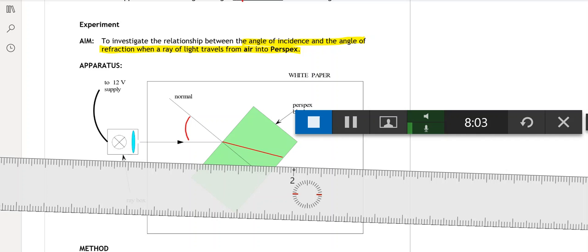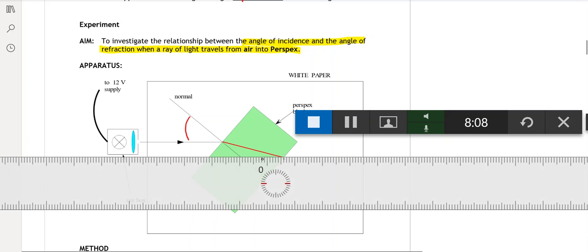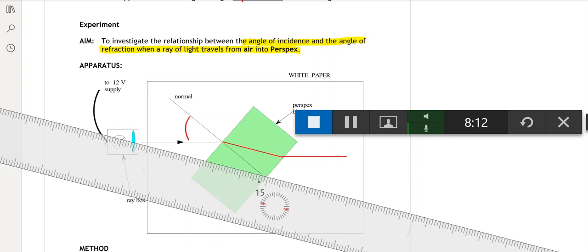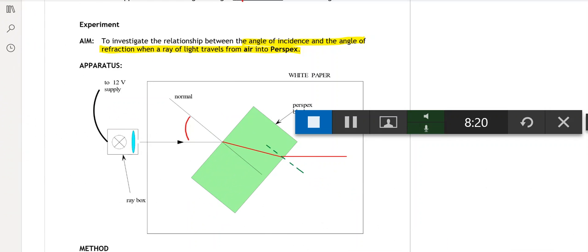We wanted to use a red line for this one, because this is our light as it leaves the block. And use our green pen to draw the normal. So the normal is this one here, which we're looking for. Just used the wrong colors. So we now have our incident ray, our refracted ray, and our ray as it leaves the block.